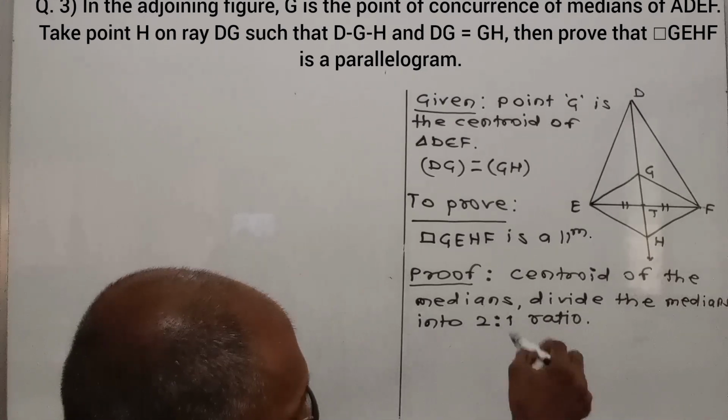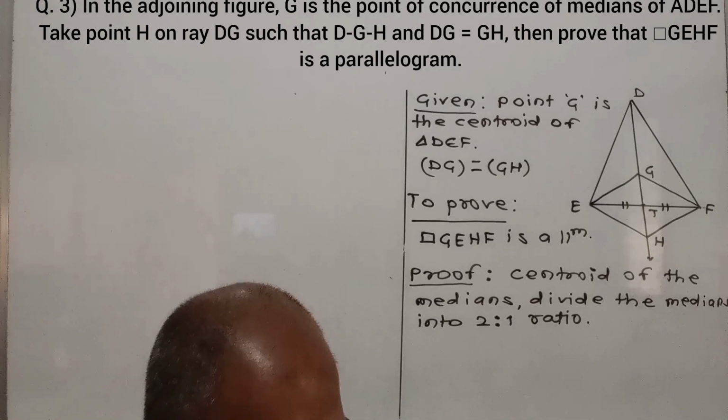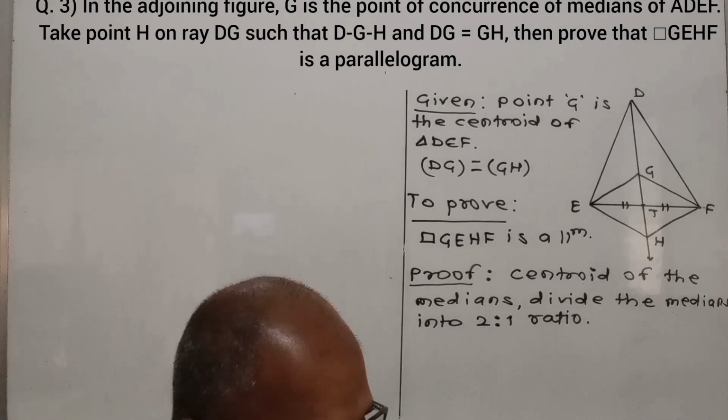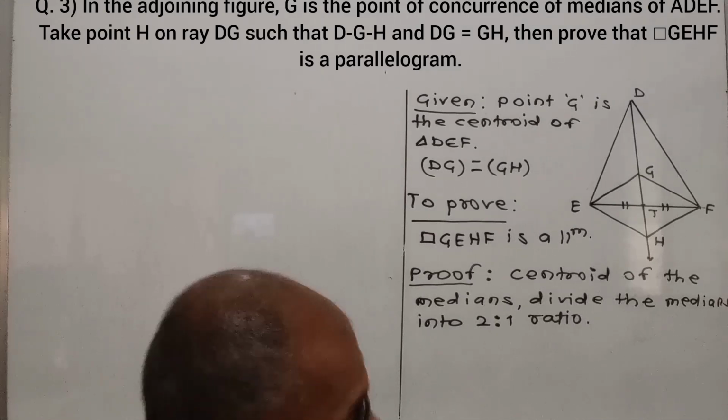This is a very important statement. This centroid divides the median into 2:1 ratio.